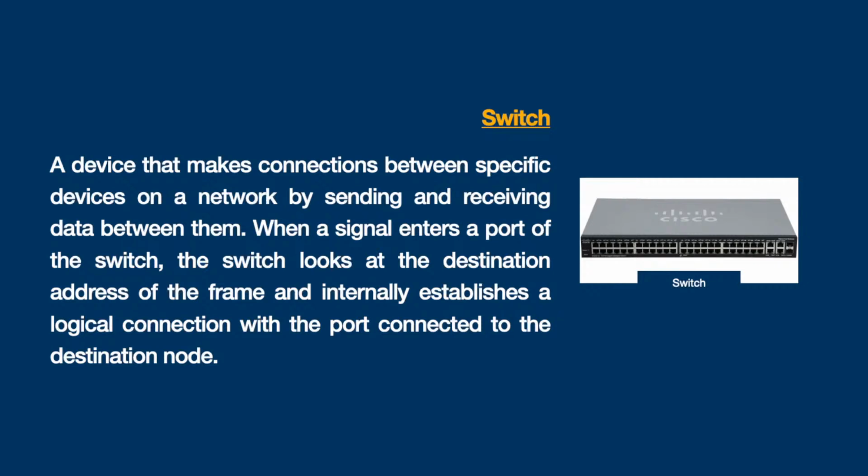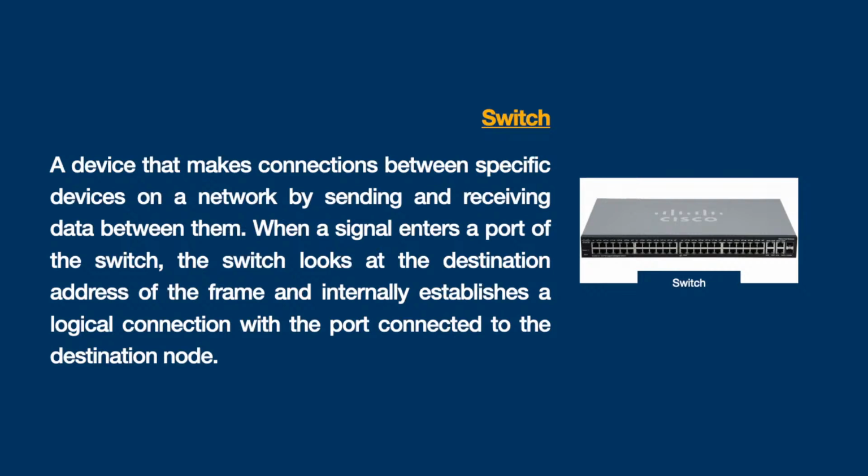Switch does that, and that is why the definition says a switch is a device that makes connection between specific devices on a network by sending and receiving data between them. When a signal enters a port of the switch, the switch looks at the destination address of the frame and internally establishes a logical connection with the port connected to the destination node.